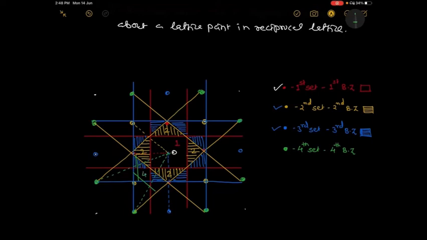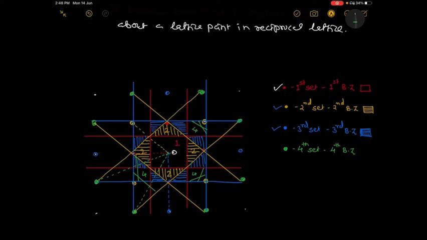Here also we use these two points and draw the perpendicular bisector for that line. We get this is the fourth region. Similarly, here also we draw. This is the fourth region.